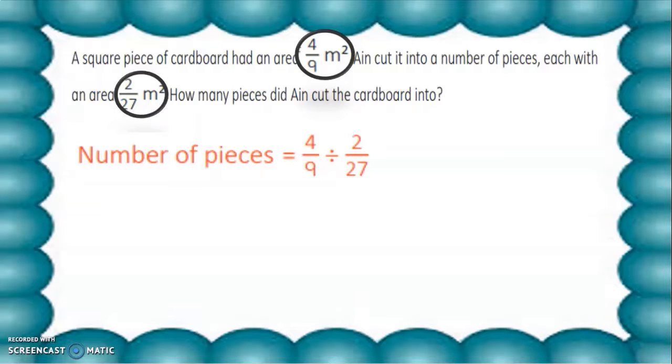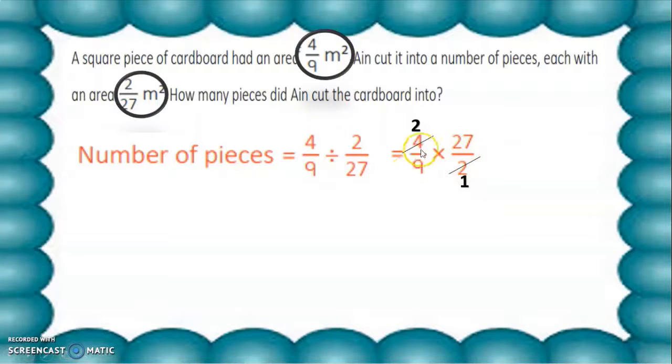4/9 divided by 2/27 is going to multiply by the reciprocal of the second fraction. You can see here, we can simplify 4 and 2 by dividing by 2. 4 divided by 2 is 2. 2 divided by 2 is 1. How about 27 and 9?